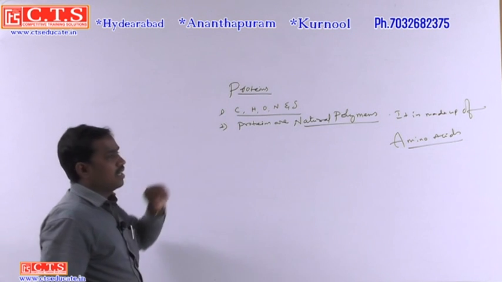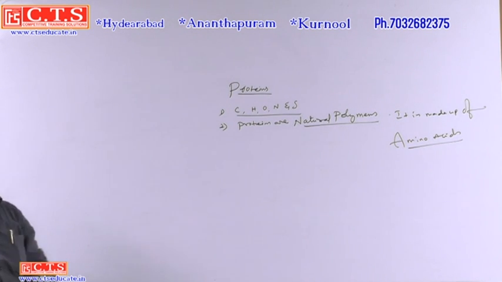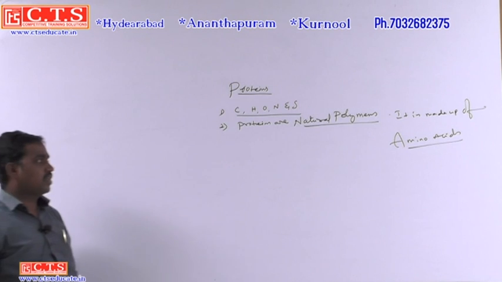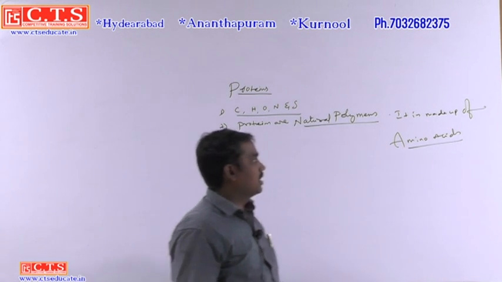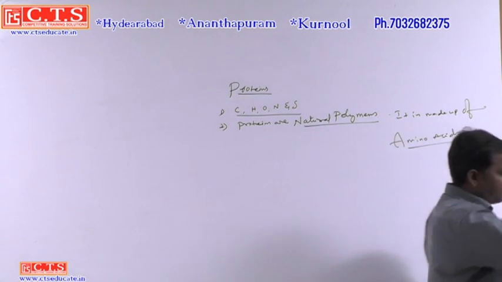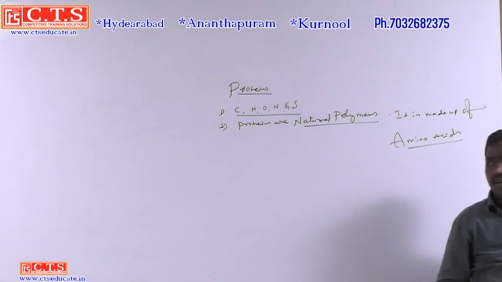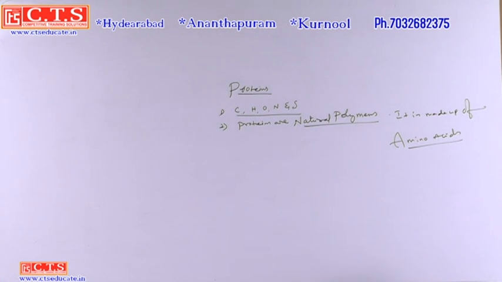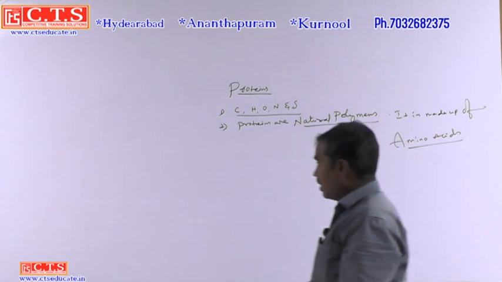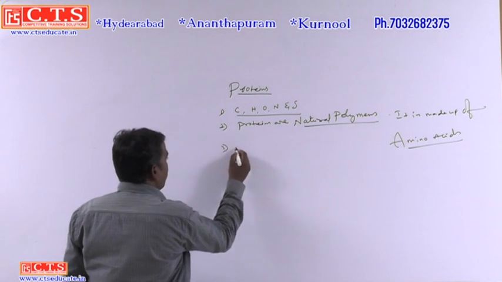Once again, repeat: proteins are natural polymers, made up of amino acids.